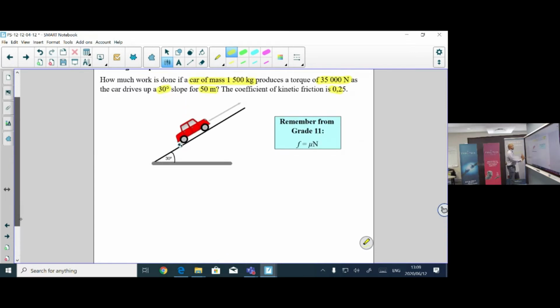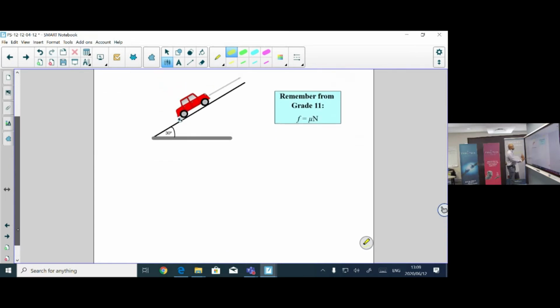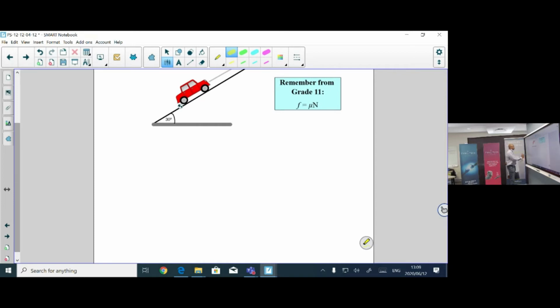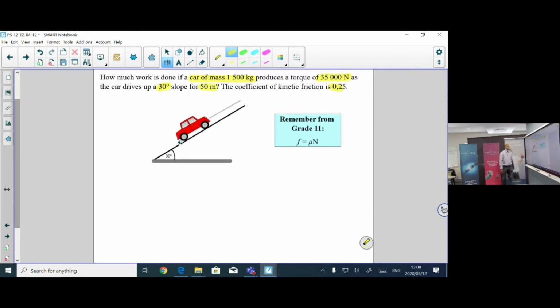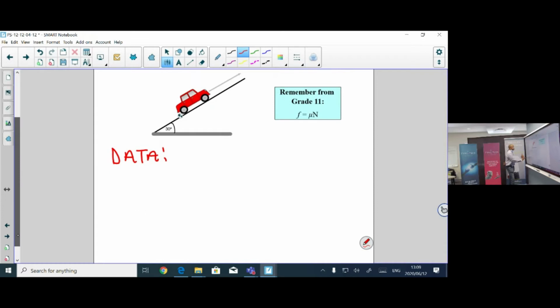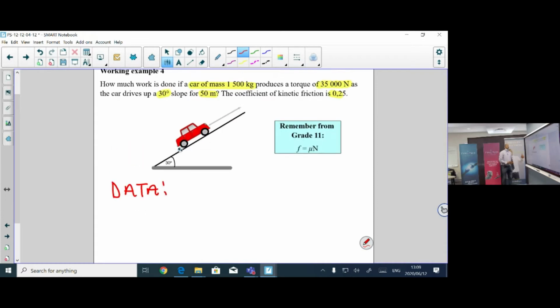Now, we have to write down the data all the time. When you approach each and every physics question, you have to write down the given information. Okay, let us start with the given information. Here, I can just write data. What do we have there?